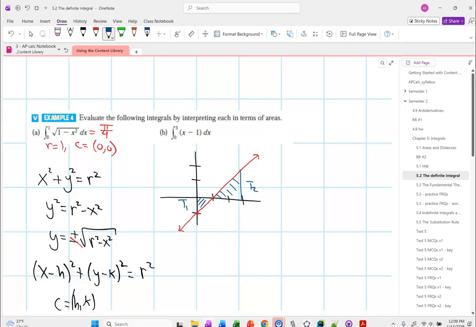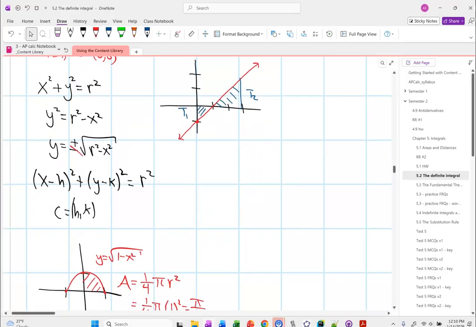Negative. The area is negative. Why is it negative, Anthony? Well, it's because it's below the x-axis, right? The area of the curve that we're looking at is below the x-axis. So my area in general should be like T2 minus T1. So everybody feel okay there?